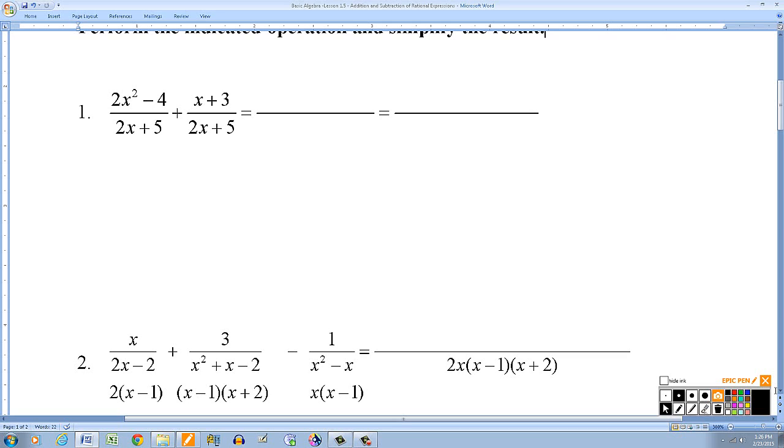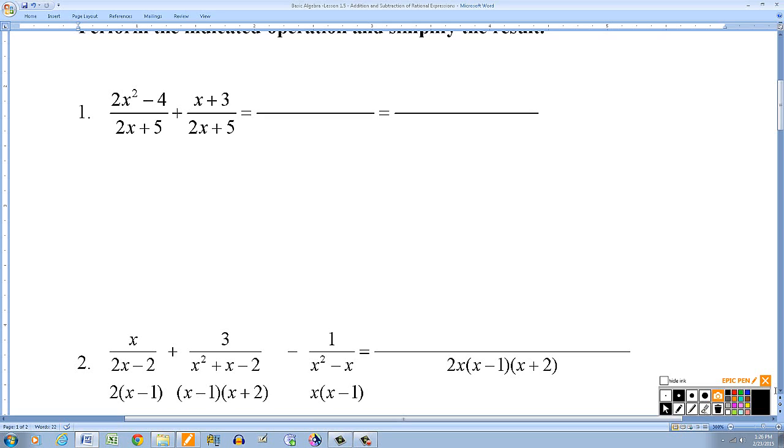The first denominator, 2x minus 2, factors into 2 times x minus 1. The x squared plus x minus 2 in the second denominator factors into x minus 1 times x plus 2. And in the third denominator, I can take out a factor of x, and I get x times x minus 1.